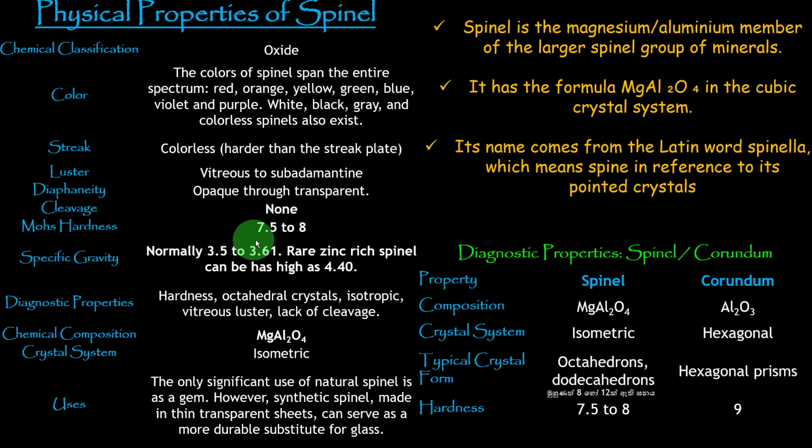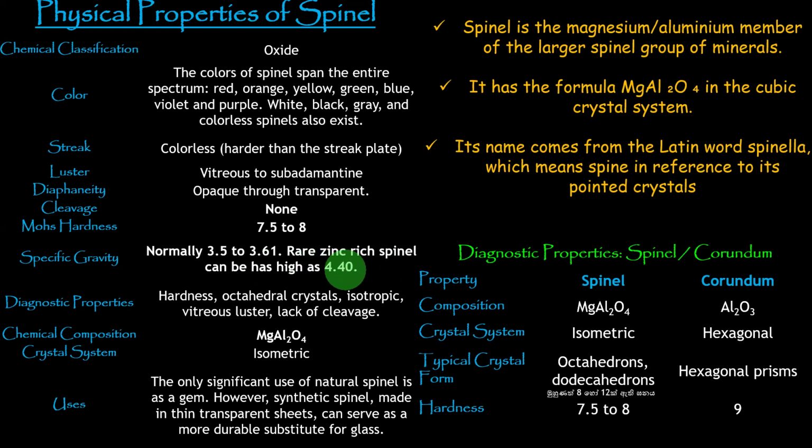Mohs hardness is 7.5 to 8. Then the specific gravity is normally 3.5 to 3.61. Rare zinc-rich spinel can be as high. Zinc-rich spinel means gahnospinel. It may have a specific gravity of 4.40.